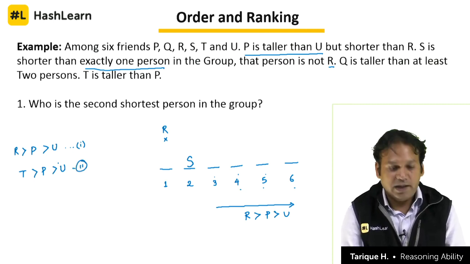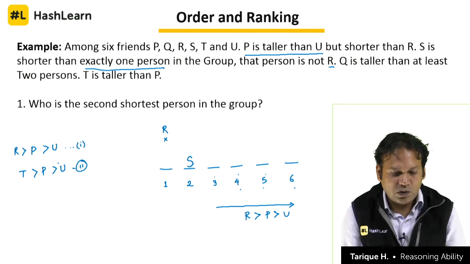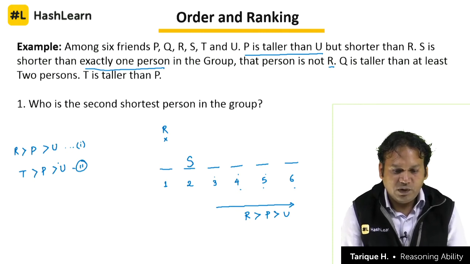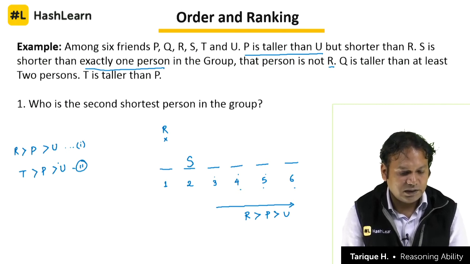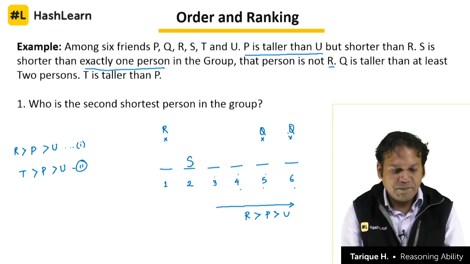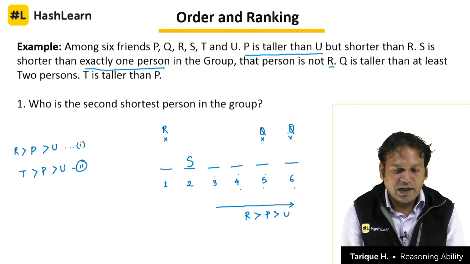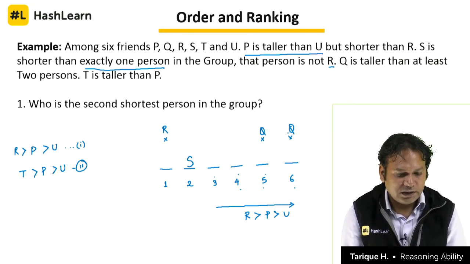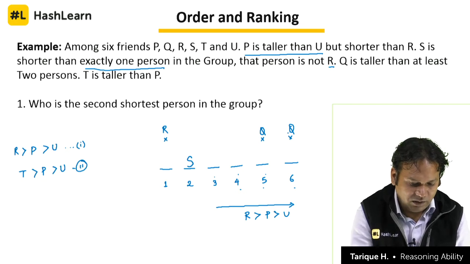T is taller than P, and what we know is that Q is taller than at least 2 persons. So Q cannot come in this position. So where can Q come? One possibility could be that Q is here.